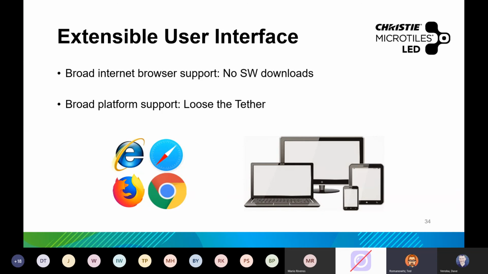You can use any browser that's HTML5 compatible, whether it be Internet Explorer, Safari, Firefox, or even Chrome, on any platform: desktop, laptop, tablet, or even a smartphone. You can connect wirelessly to the wall through the network. All you need is access to the IP address of the LED controllers themselves. There's no software. It's all browser based. You can get this remotely.